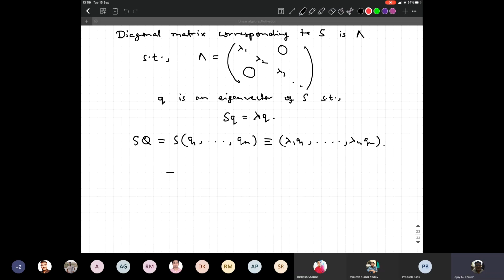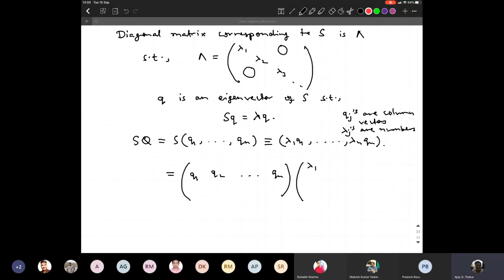You can write this as a matrix product, understanding that the Qj's are column vectors and lambda j's are numbers, multiplied with the matrix with lambdas along the diagonal and 0 everywhere else.